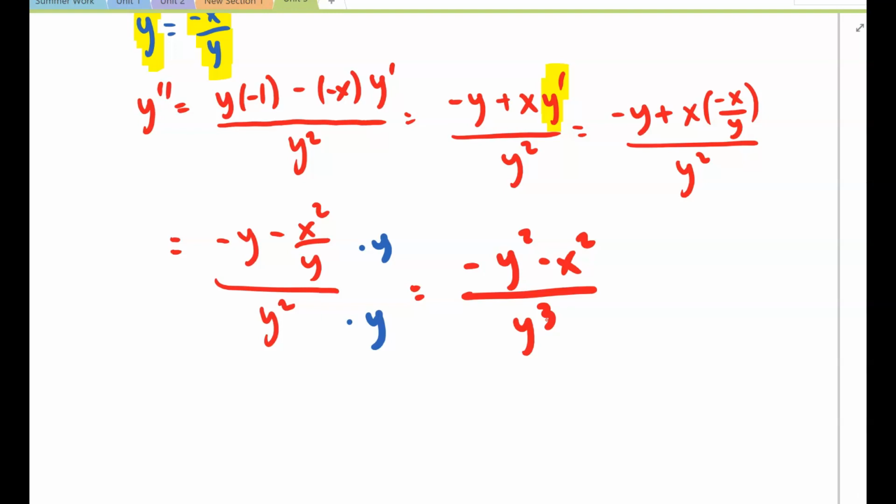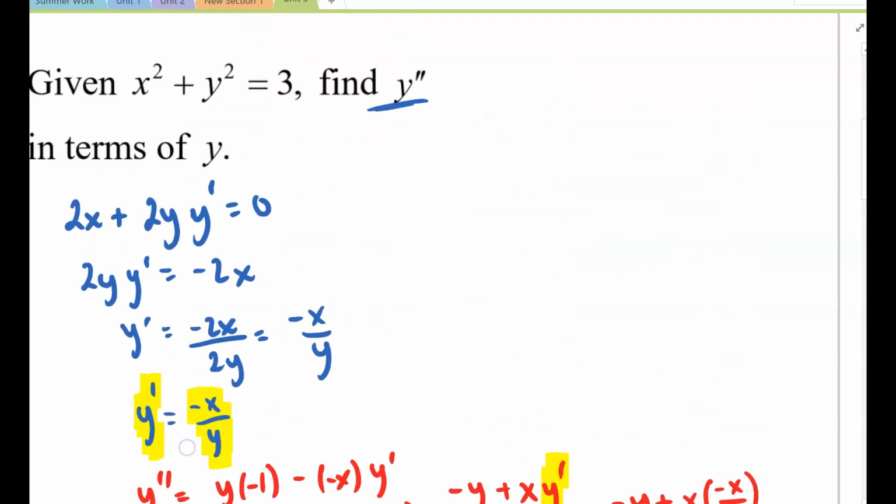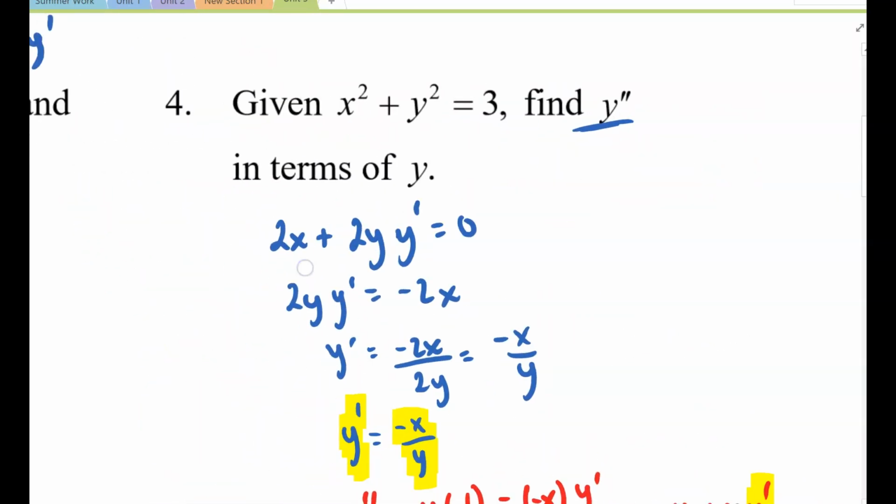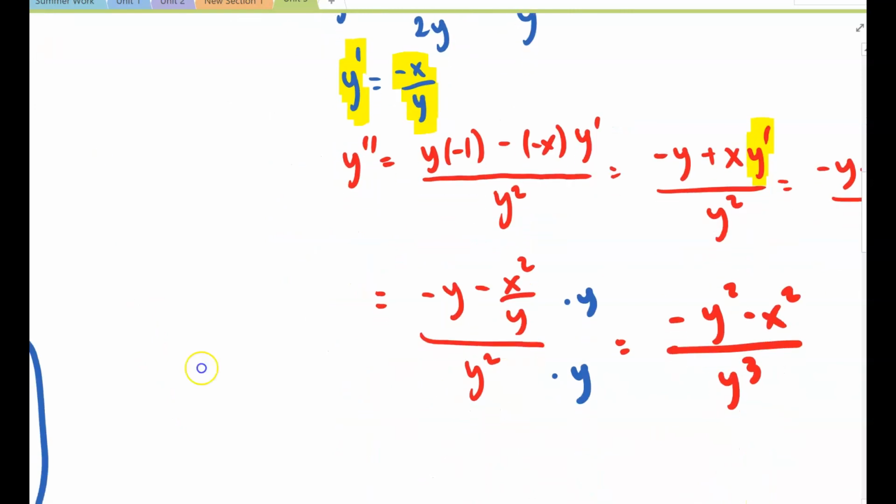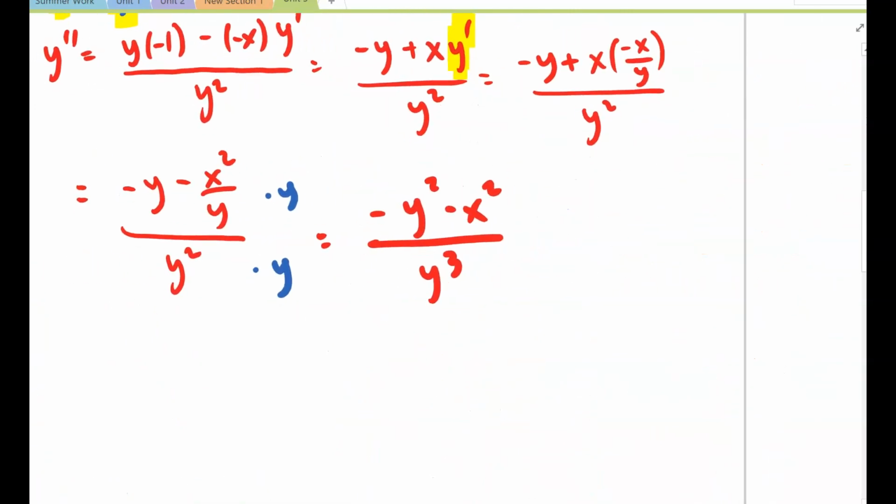Good. All right, I got rid of the denominator, but they want us to write y double prime in terms of y. So here's a little mathematical trick, right? If we look at our numerator, notice how they both have negatives. Well, I can factor this out, and I have x squared plus y squared.